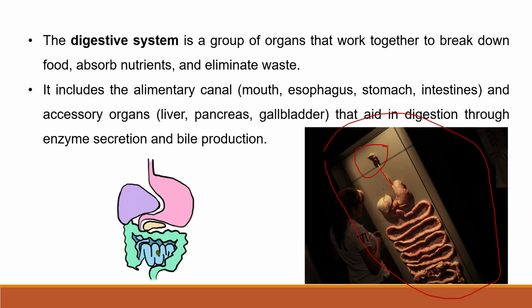So here we can see the stomach part, and it enters the small intestine where most nutrients are absorbed. Finally, in the large intestine, water is absorbed and waste is formed, so that undigested food is eliminated through the anal canal. So this is the diagram, the anatomy of our digestive system.